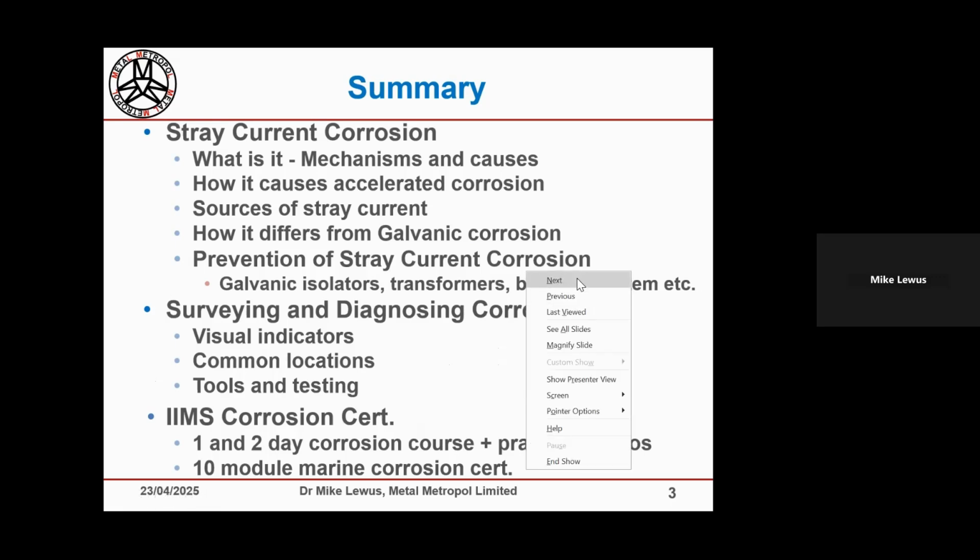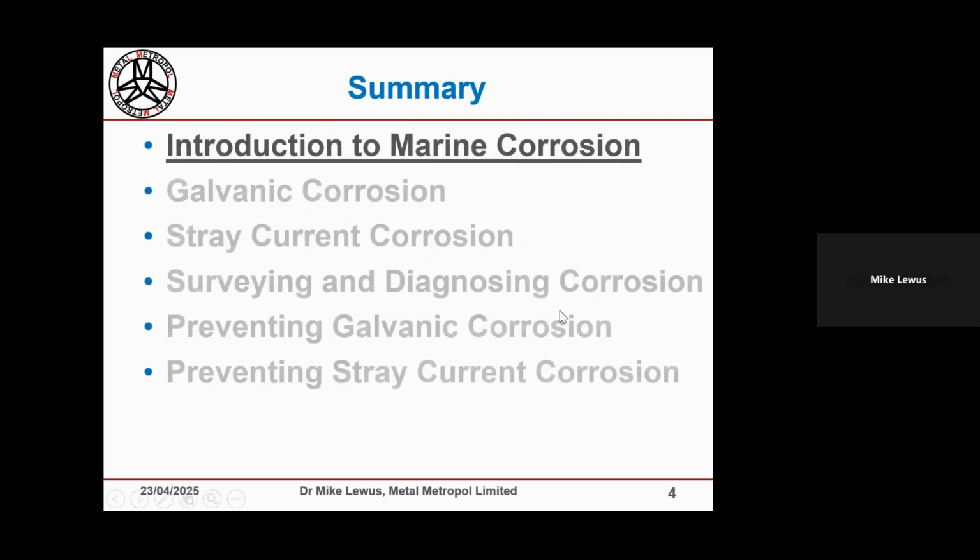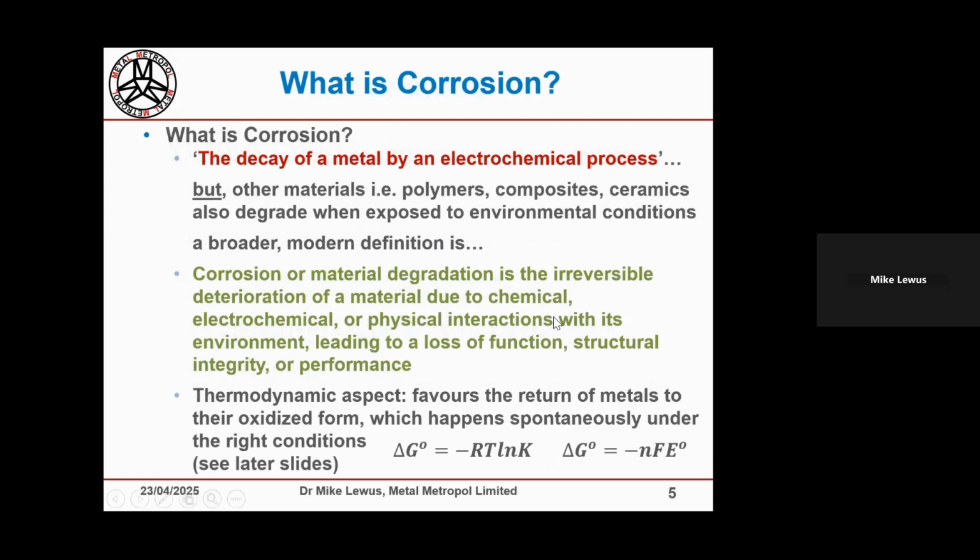So without further ado, let me just say a few basic things about corrosion, specifically marine corrosion. It's worth asking the question, what is corrosion? If we're just talking about corrosion of metals, the centerpiece of corrosion is electrochemical processes or electrochemical reactions.